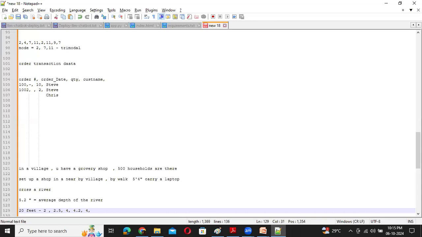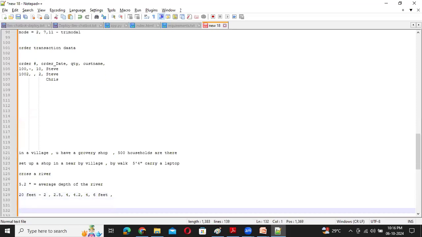Then every 20 feet: the first 20 feet you will find 2 feet depth, the next 20 feet the depth is 2.5, and somewhere it is going to be 6 feet. What happens now?